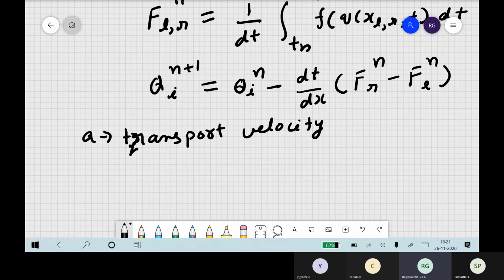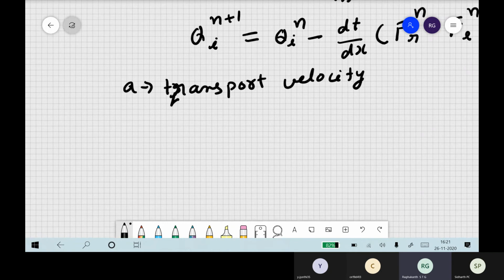If I'm solving shear waves, then a will be the same as the shear wave velocity. So if it has some kind of transport velocity, we can write Q_i^{n+1}, previously written already, Q_i^n minus a dt by dx times (Q_i^n minus Q_{i-1}^n), for the case where things only go from the left side to the right side.